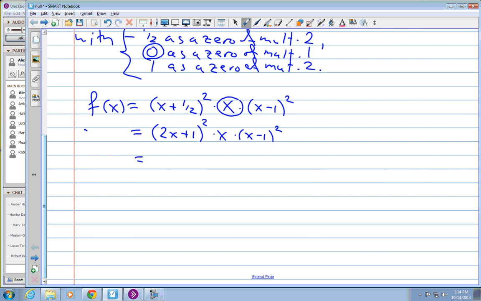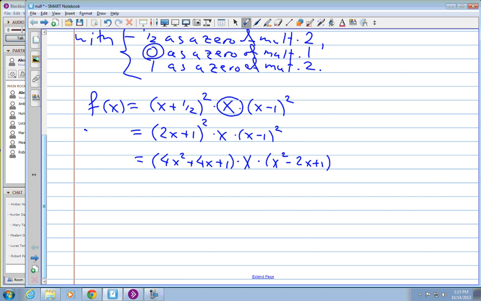Now if we expand that, 2x plus 1 squared will give us 4x squared plus 4x plus 1, times x, times x minus 1 squared, which gives us x squared minus 2x plus 1. That's just doing a squared minus 2ab plus b squared.